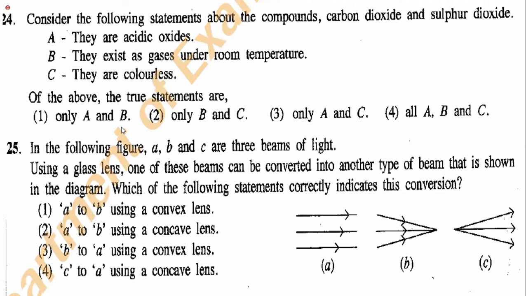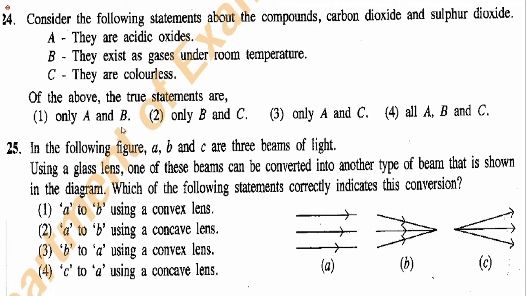In the following figure, A, B, and C are three beams of light. Right? They are using a glass lens.